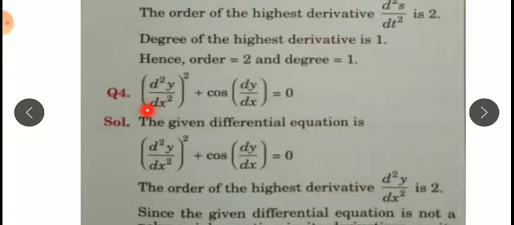See this question, d2y by dx2 whole square plus cos dy by dx. You can see here d2y by dx2, its order is 2. But this contains cos dy by dx. It means the differential equation is not a polynomial equation in its derivatives, so its degree is not defined.